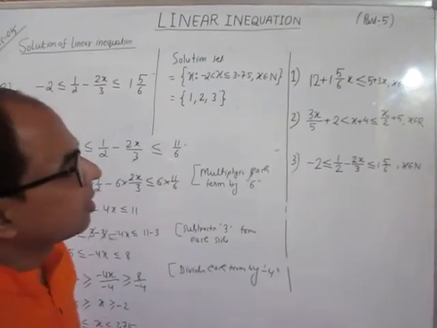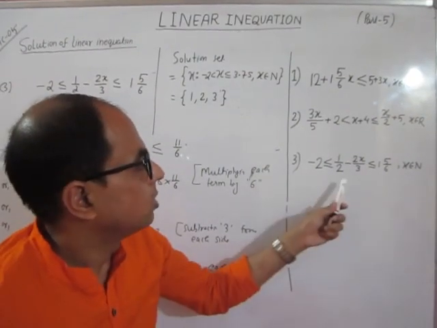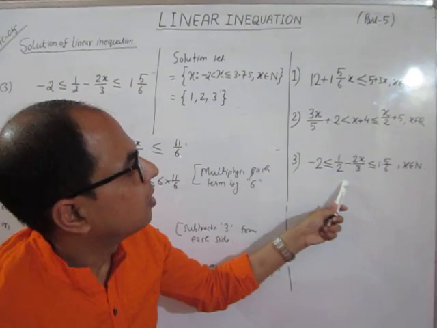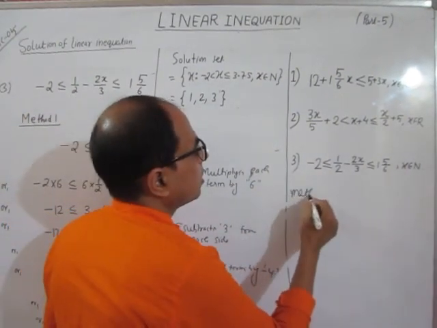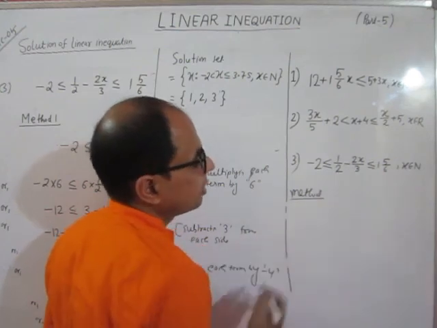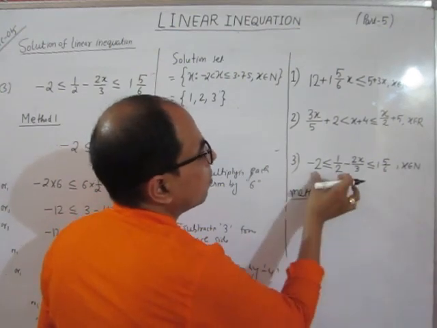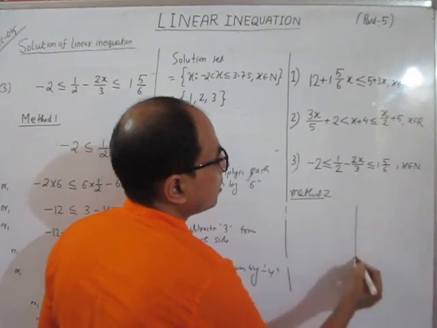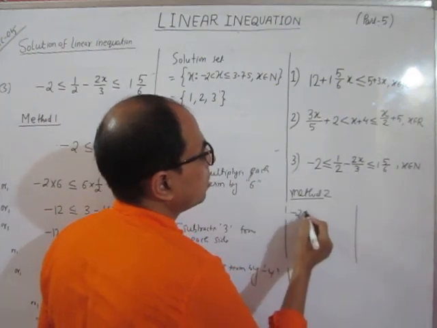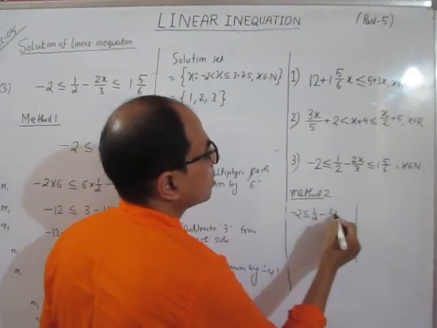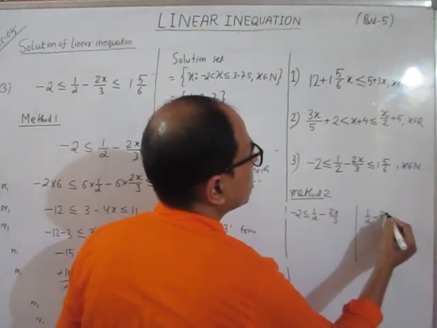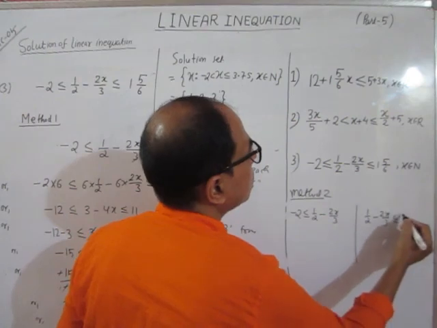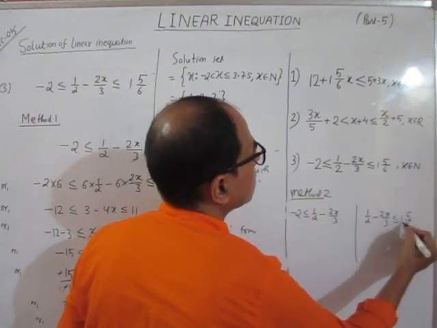Now another method is you can solve this inequation like this. How? The second method I am discussing here, just giving a hint. It is the combination of two linear inequations, so separate it into linear inequations. Minus 2 less equal to half minus 2x by 3, and from here 1 half minus 2x by 3 less equal to 1 whole 5 by 6.